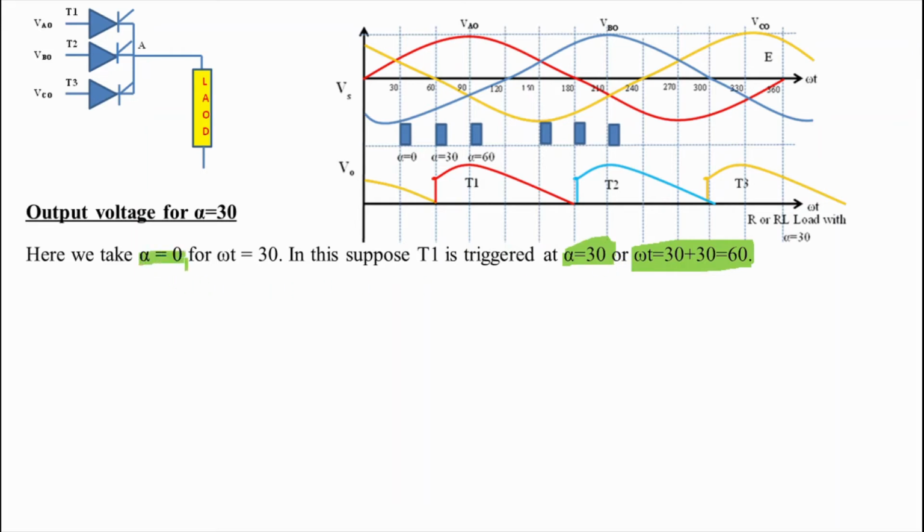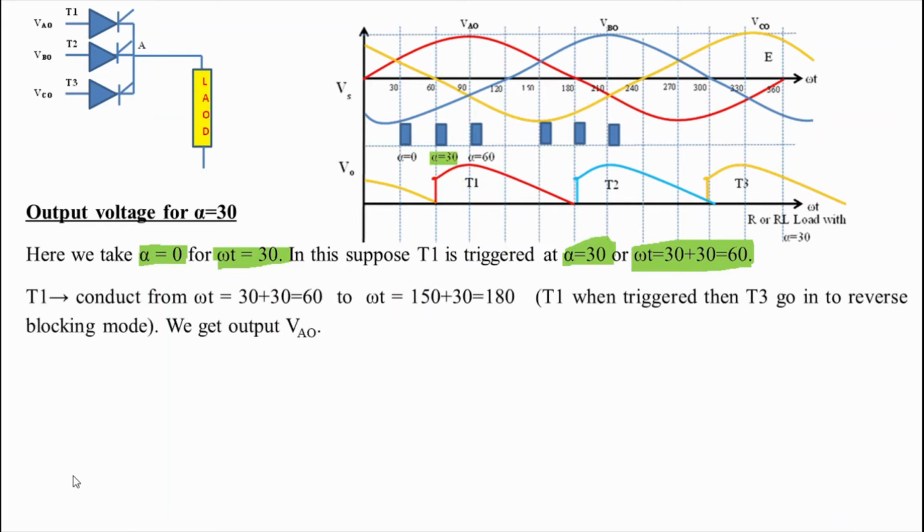So the thyristor is triggered at alpha equals 30 degree, or we can say at omega t equals 60 degree. When thyristor T1 is triggered, it will conduct from omega t equals 30 plus 30, that is 60, to 150 plus 30, that is 180 degree. So the thyristor conducts from 60 degree to 180 degree.